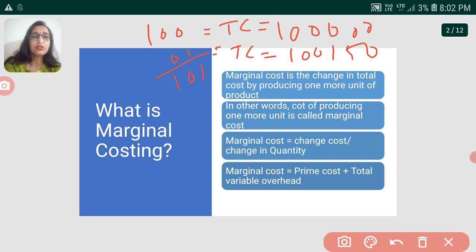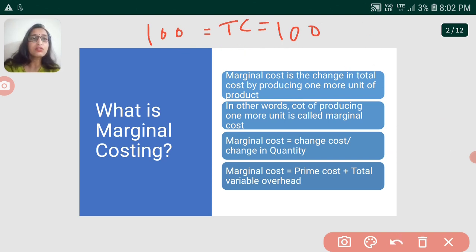Marginal cost is the change in total cost by producing one more extra unit. In other words, the cost of producing one more unit is called marginal cost. So these 100 units are the normal cost, and the extra unit is called marginal cost.